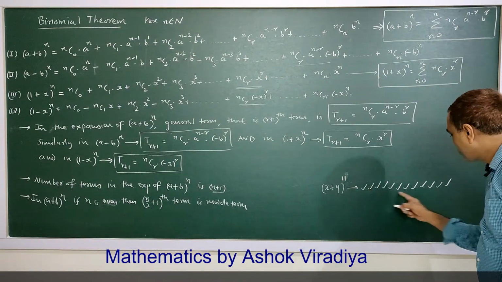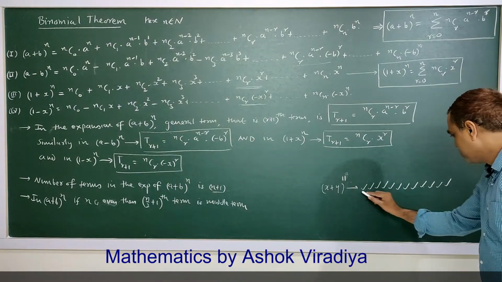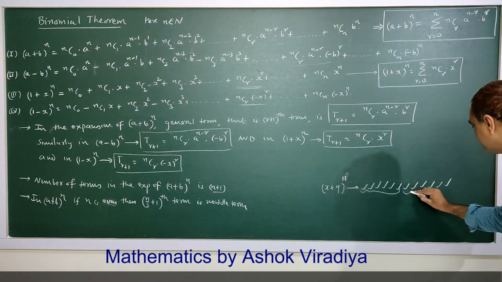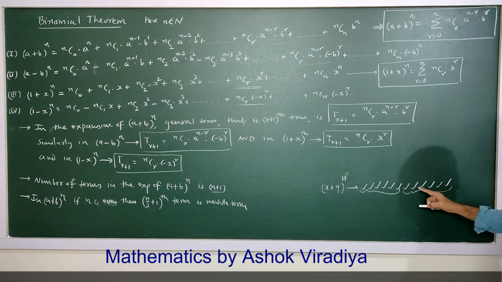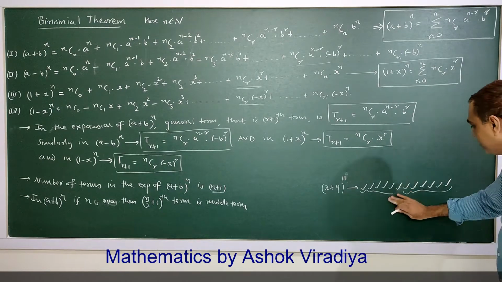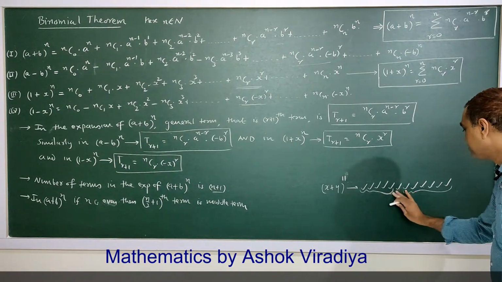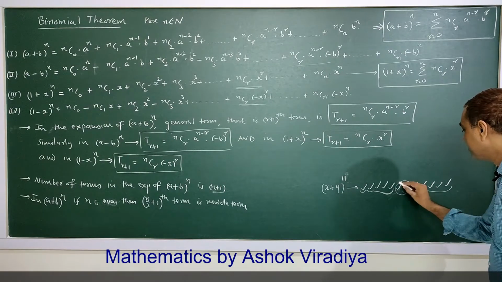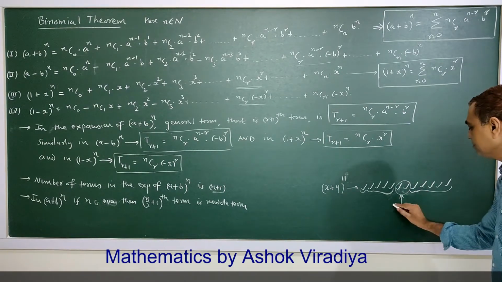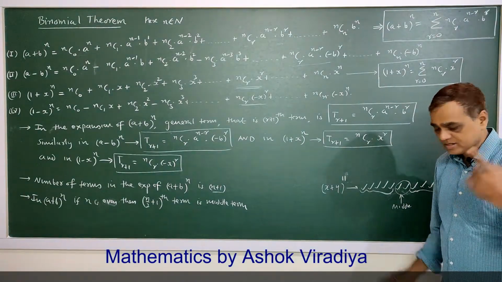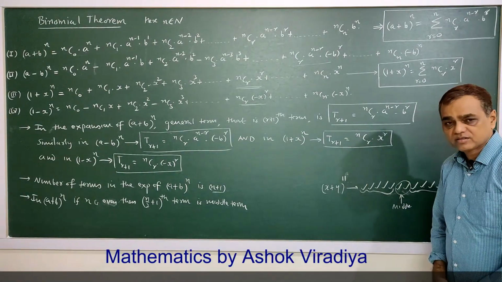These are 12 terms. If you leave 6 terms from the left and 6 from the right, then nothing is left. So to have something in the middle, you have to leave 5 terms from the left and 5 terms from the right. These are the middle terms. There are 2 middle terms if n is odd.